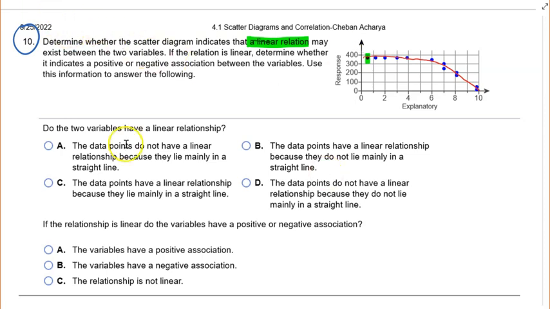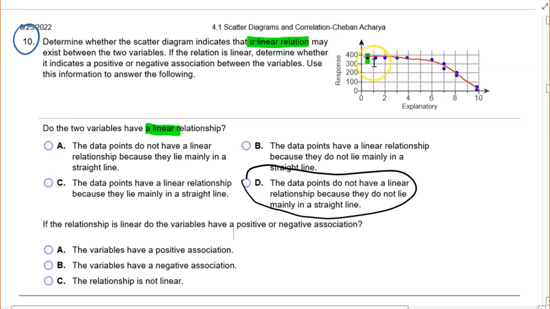Okay, therefore the first question is, do the two variables have a linear relationship? The answer is no, because the data points, remember that each is called a data point, do not lie mainly in a straight line.